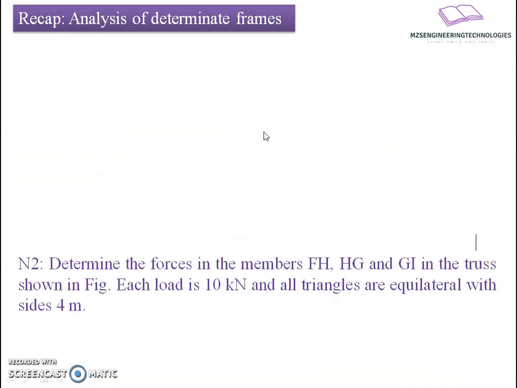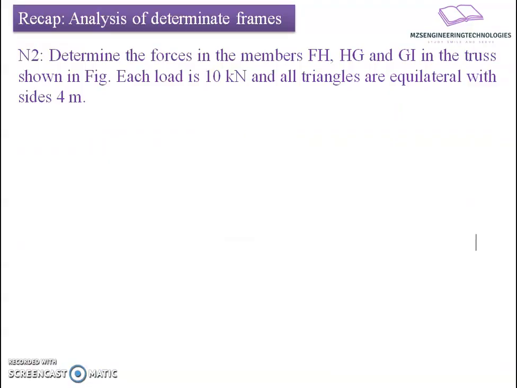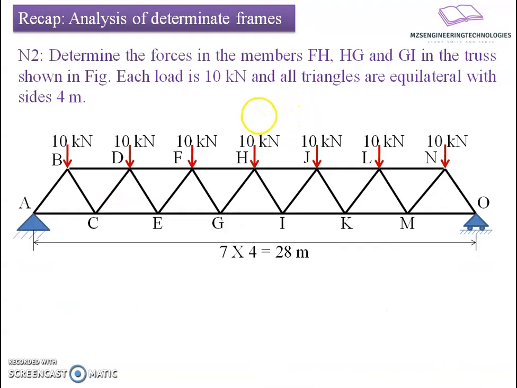Now let us move towards the recap of analysis by section method. Determine the force in the members FH, HG and GI in the truss shown in the figure. Each load is 10 kilonewton and all triangles are equilateral triangles with sides 4 meter. The geometry is given here, and we are going to find the forces in members FH, HG and GI.